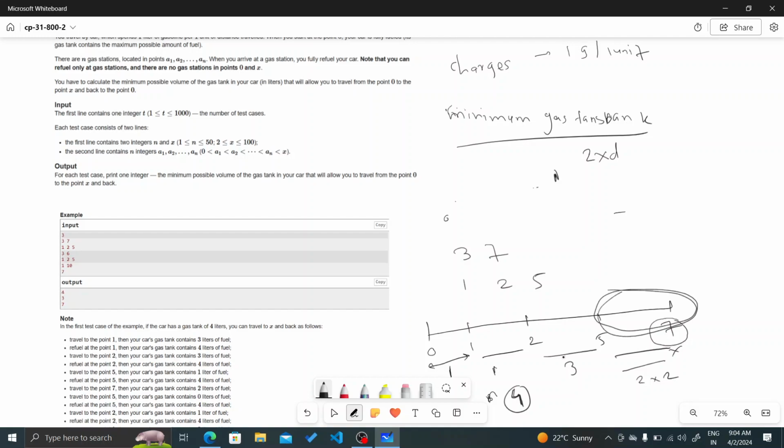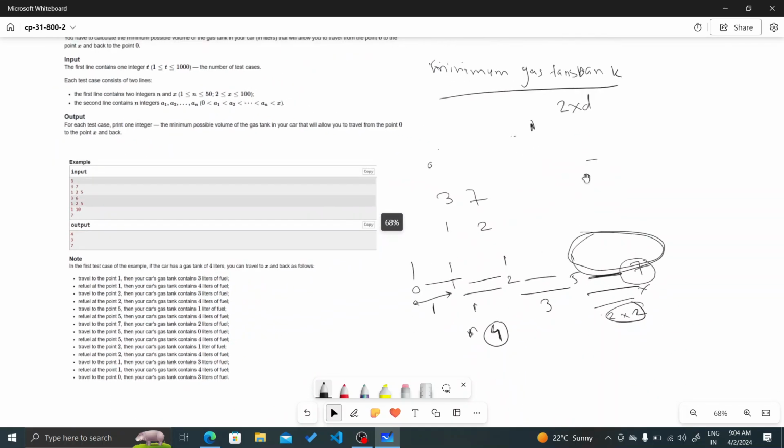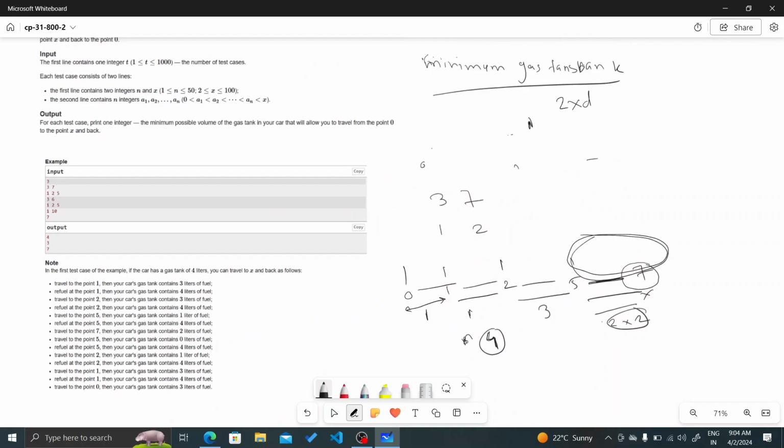Okay, so we got the intuition with the observation of this question. We got to know that the answer will be the maximum distance between these segments and the last segment into 2. Okay, so the answer will be maximum of A[i] minus A[i-1].